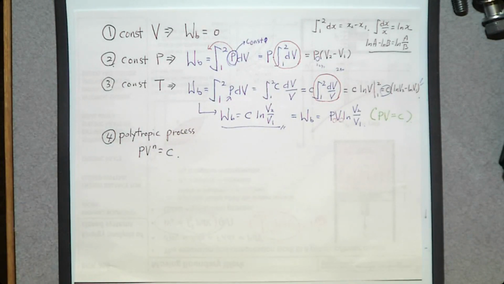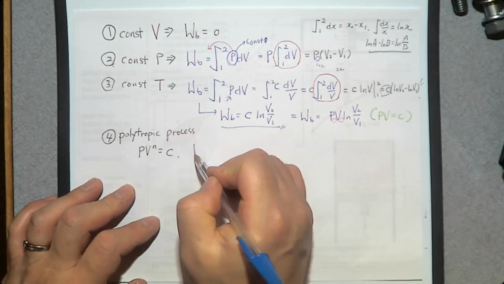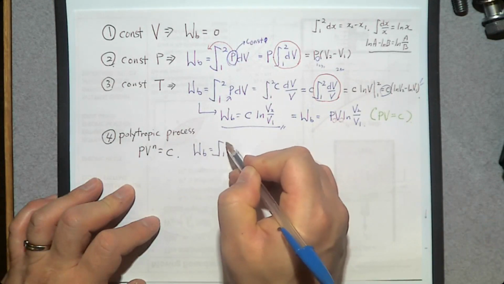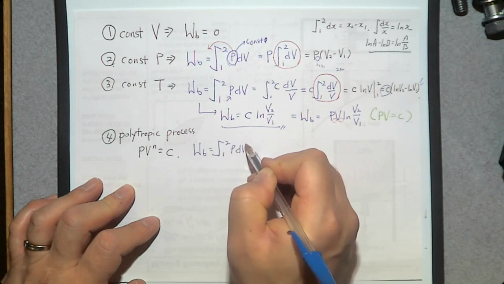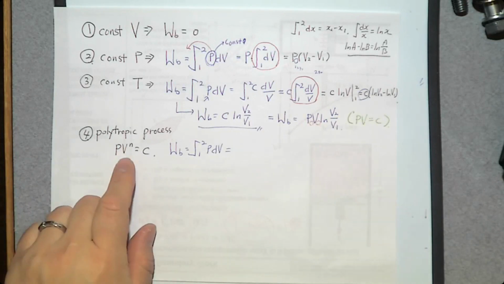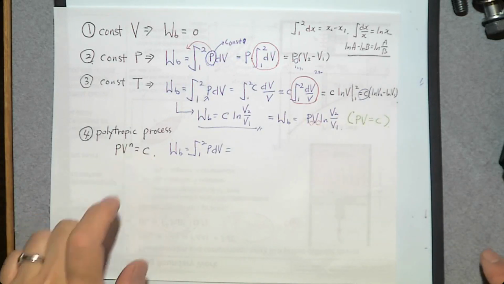Now let's determine WB. WB is integral from 1 to 2 P dV. So can you solve it? We can't, because we don't know the relation. Oh, there is a relation. So let's move this V to the power n to the right-hand side.